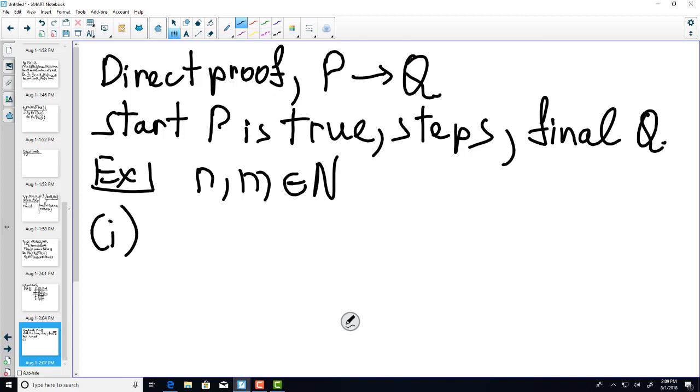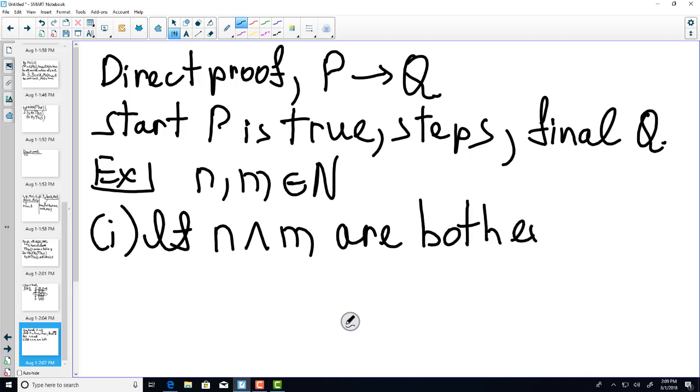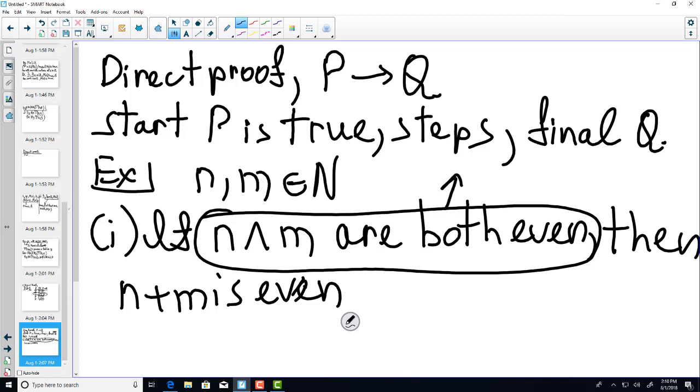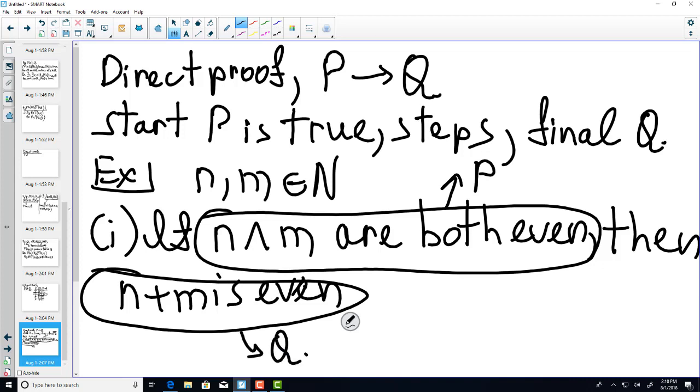What we want to prove is that if n and m are both even, then n plus m is even. So basically P here is that n and m are both even, so this is our P statement, and n plus m is even is our Q statement. We want to prove that if n and m are both even, then n plus m is even.